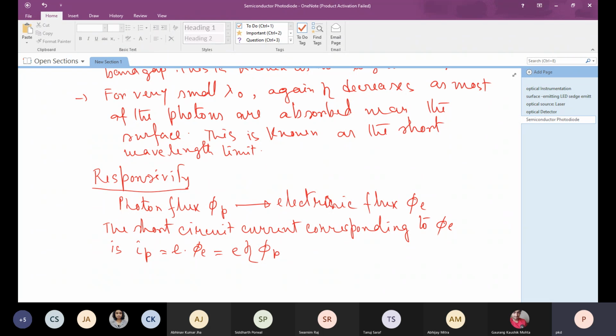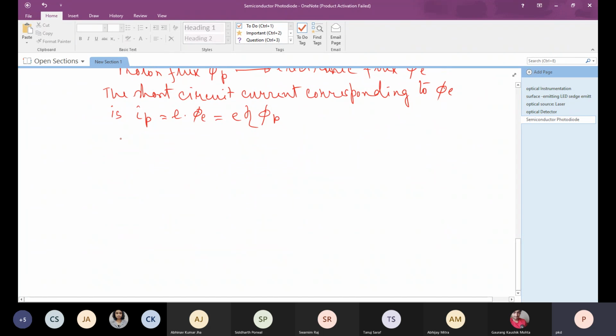Now the optical power P is given by h nu, that is the energy of a photon, multiplied by the photon flux.